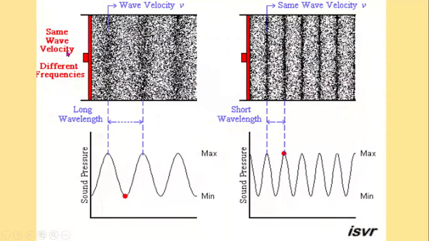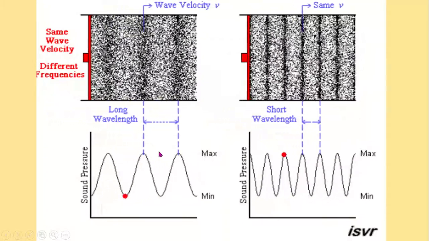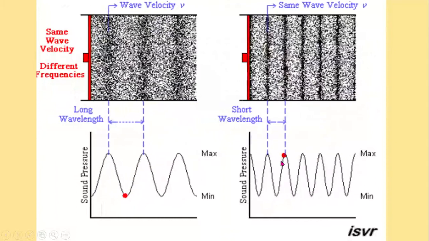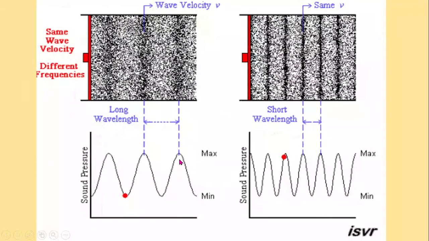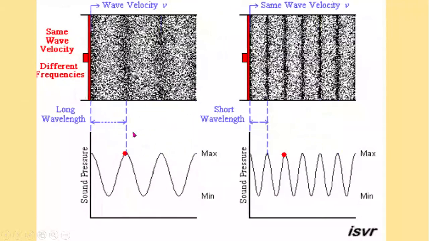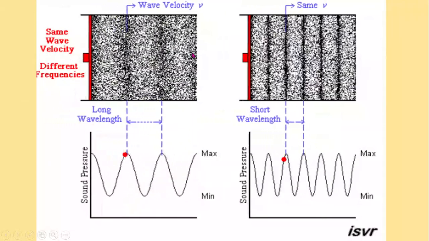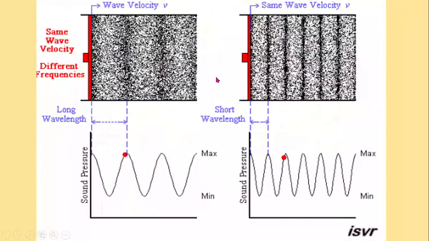So look here, same wave velocity but different frequency. Here wavelength is more, but in this case wavelength is less. So here frequency is less and here frequency is more. Okay, because if velocity is the same, v equals f lambda. So if velocity is the same, then f equals v by lambda.